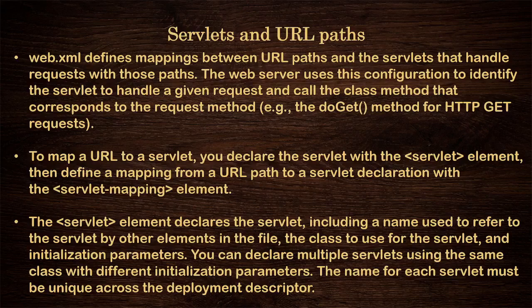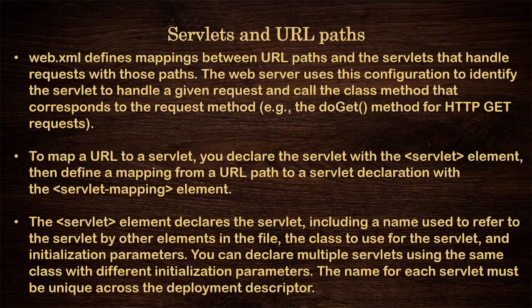To map a URL to a servlet, you declare the servlet with the servlet element. Then define a map from a URL path to a servlet declaration with the servlet-mapping element. The servlet element declares the servlet, including a name used to refer to the servlet by other elements, the class to use for the servlet, and initialization parameters.